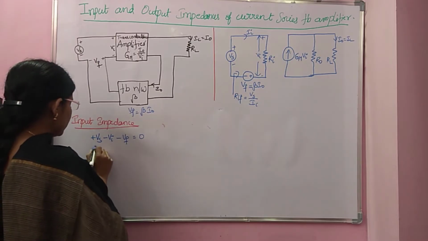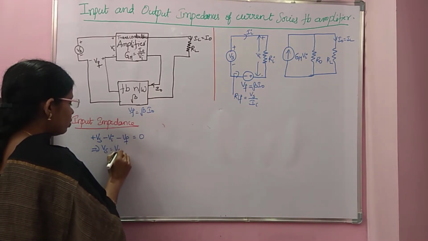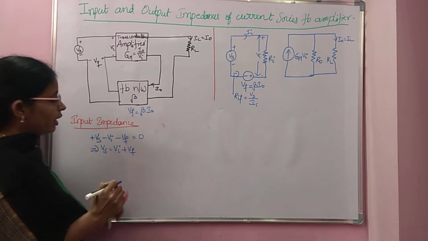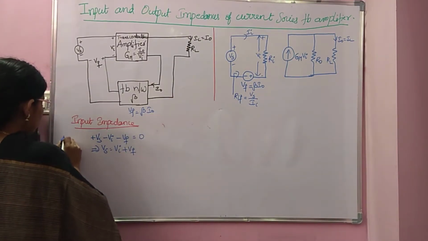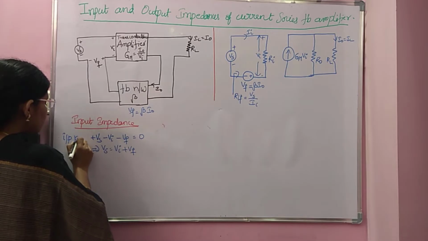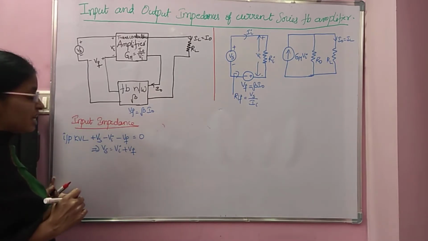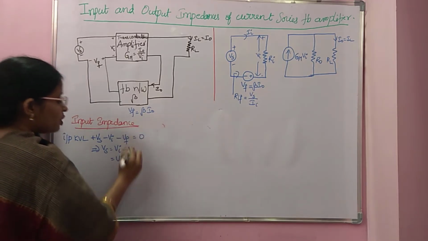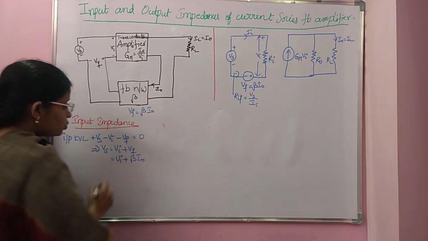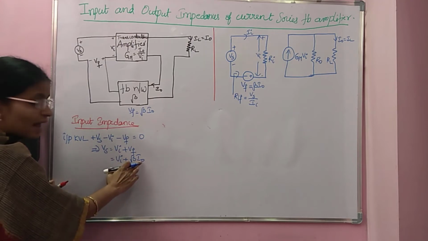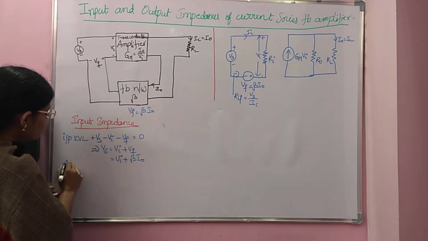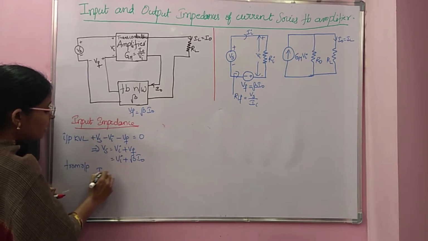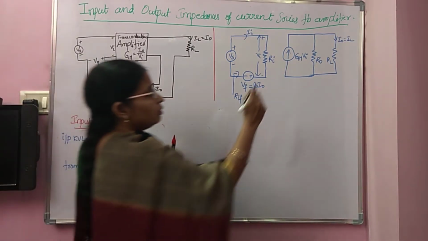So what is Vs? Vs is equal to Vi plus Vf. This is from the input KVL. Now substitute Vf. What is Vf? Beta I naught. To solve this, you need I naught. So from the output, you must write I naught. See the output circuit here.